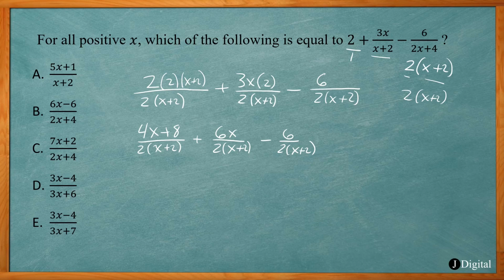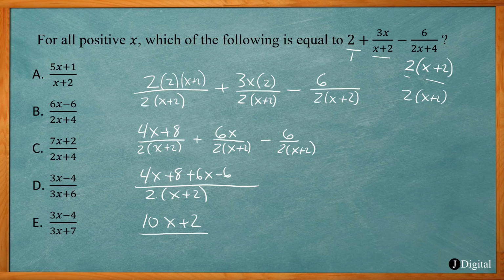Now we can add the numerators together: 2x plus 4 plus 6 minus 6, all over 2 times x plus 2. We can simplify: 4x and 6x is 10x, 8 and minus 6 is positive 2, and then 2 times x plus 2 in the denominator.